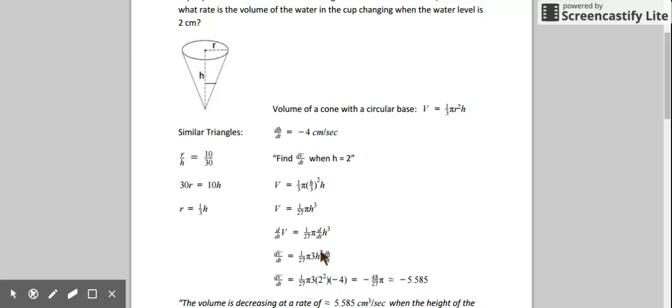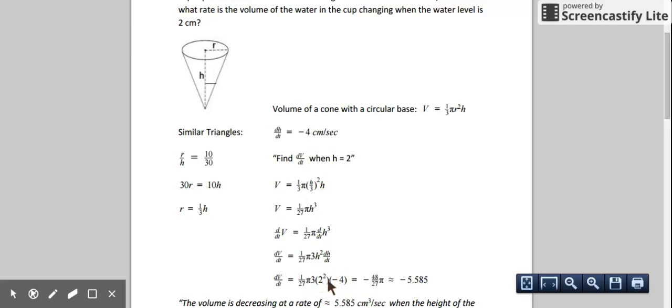So I get 3h squared times dh/dt. And now I can just substitute. We know that h is 2, so anywhere I see an h, I'm going to plug in a 2. I know that my change in height with respect to time was the rate -4 centimeters per second, so I can substitute -4 for dh/dt and then simplify.